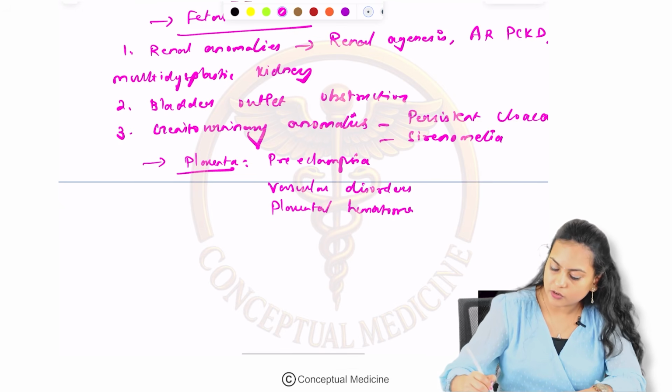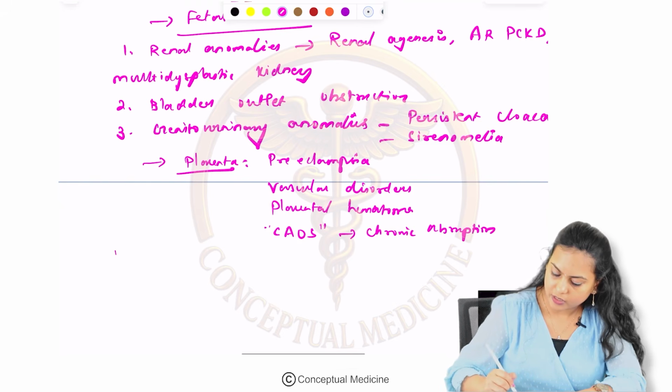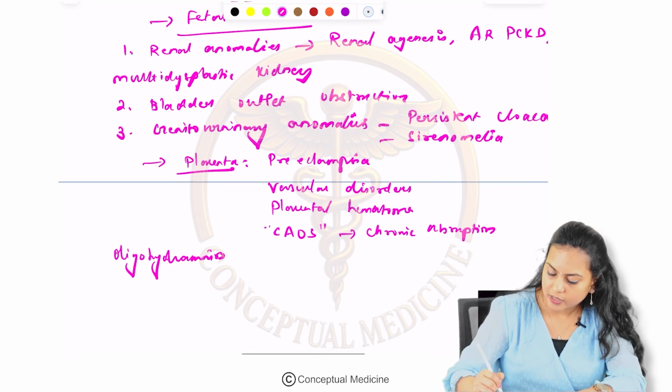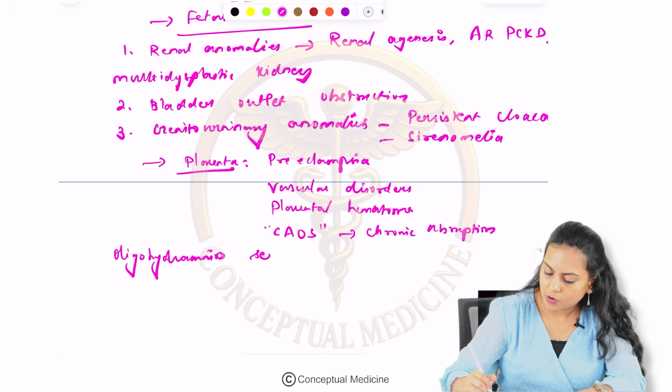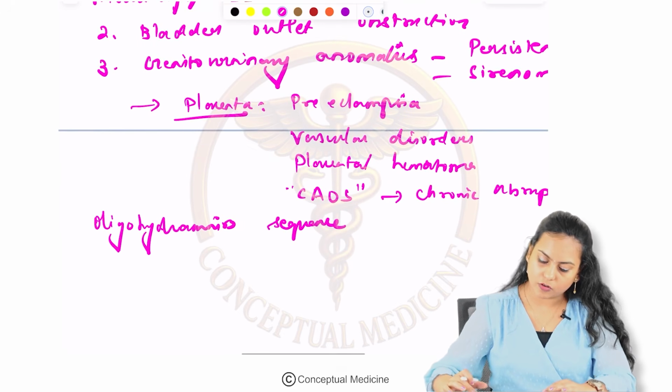There is one sequence called chronic abruption oligohydramnios sequence, where a small amount of abruption happening over weeks will also present with oligohydramnios. Okay, so this can also contribute.